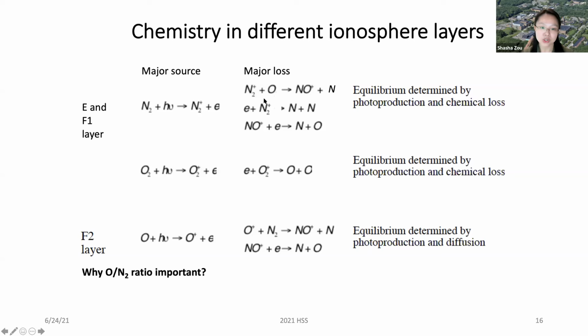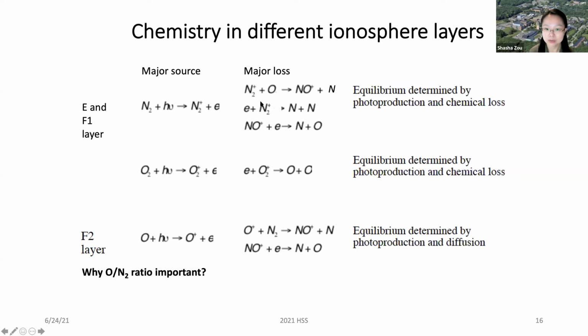But because the N2 number density is much larger than the O2, that's why we get a lot of NO+ here as well, although there are not many NO neutrals in this region. So this might be confusing at first sight, but if you take a look at this lecture slide after this, you will get a better idea.